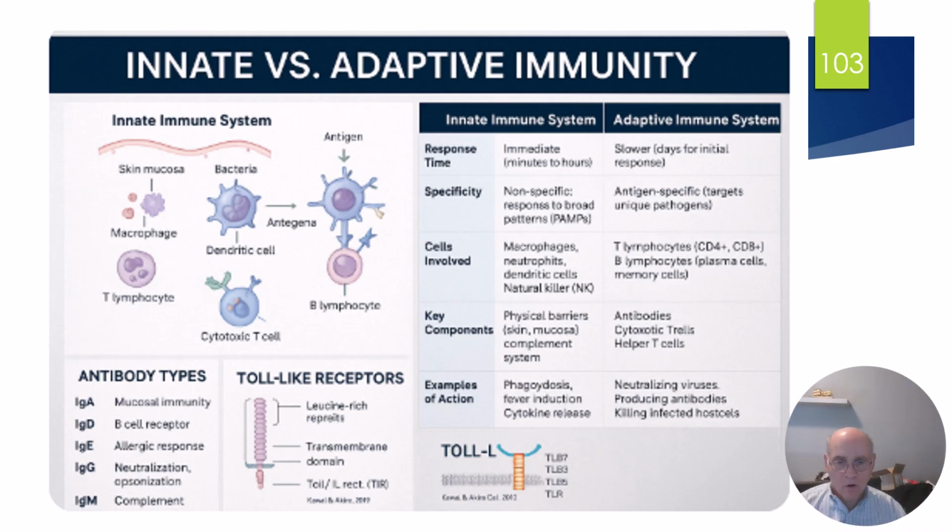So I wanted to talk now about the role that stress has on our immune system. I wanted to start with this slide so that we're all on the same page in our understanding of the different parts of the immune system and how they work and how they can be affected by stress.